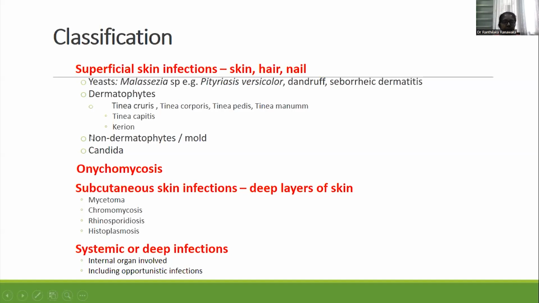There are also non-dermatophytes or molds, which actually cause problems in systemic infections like aspergillosis, fusarium infections. Those are non-dermatophyte molds, and also onychomycosis and also candida. I'll be talking about onychomycosis in detail as well.